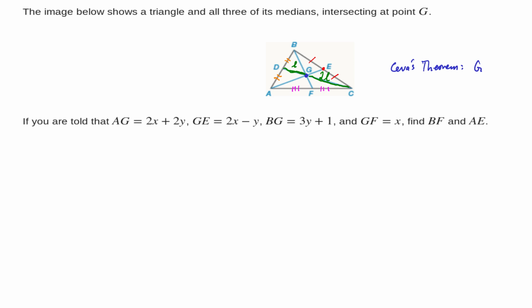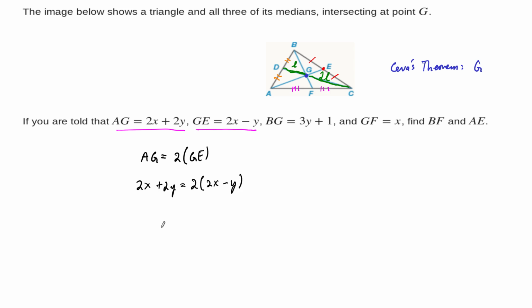Now let's use this information to try to answer this question. So our first two pieces of information are AG and GE. GE is the smaller one, and that means that AG is twice GE. If we just look here at how it's divided up, AG is twice GE, and so this equation can be written as 2x plus 2y is equal to 2 times 2x minus y.